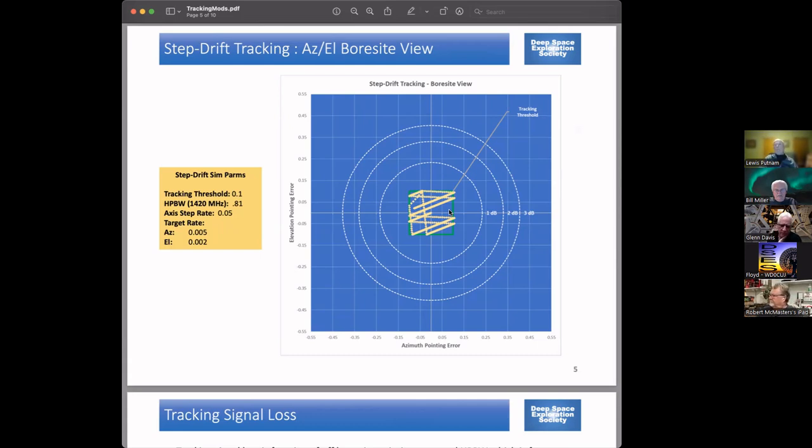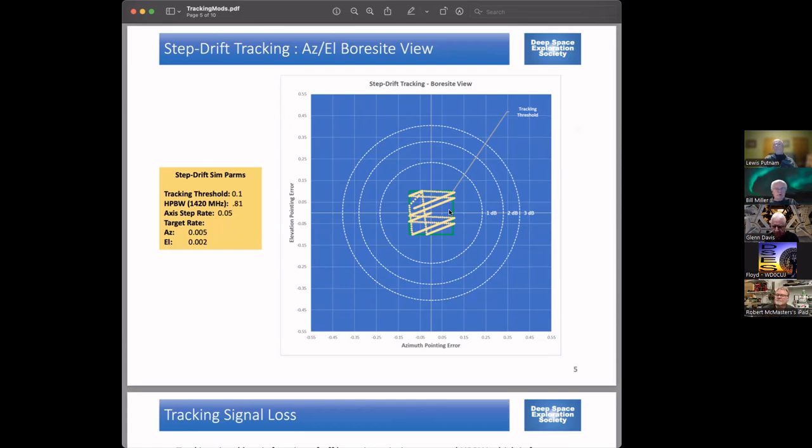You might make a different trade depending on the mission you're trying to run. But I chose 0.1 in this case because that's the threshold that we've been running with, and I would call it a happy compromise between the two. But there may be other choices.